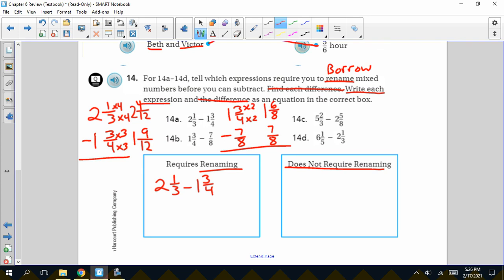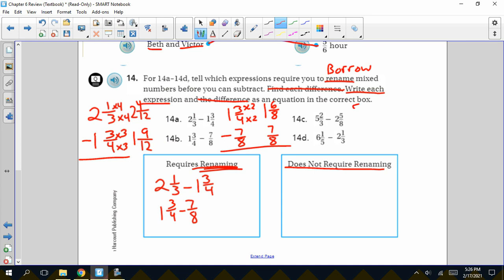So then we look to subtract 6/8 minus 7/8. Again, we cannot do this, so we would have to rename this mixed number or borrow. So we're going to put that in the requires renaming box. 1 3/4 minus 7/8 would require us to rename that mixed number.